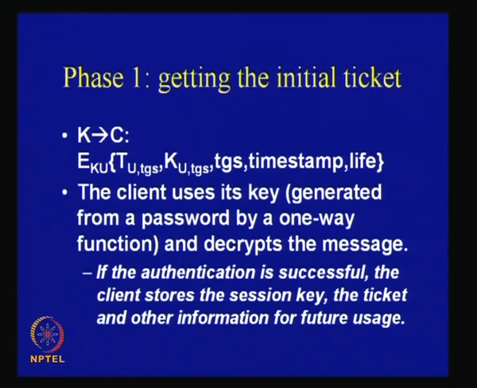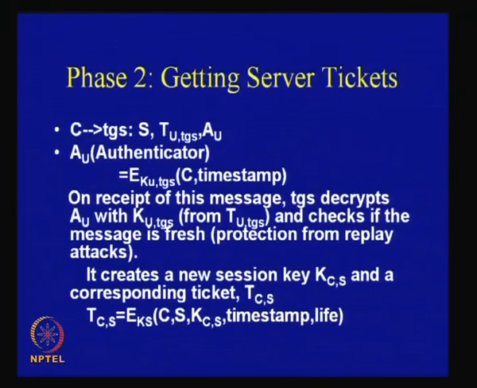So, what the client does now is communicate with the ticket granting service, because it has to convey the session key to the ticket granting service. It sends TU,TGS, which is already encrypted, so you do not need to encrypt it, and also the identifier of the server.